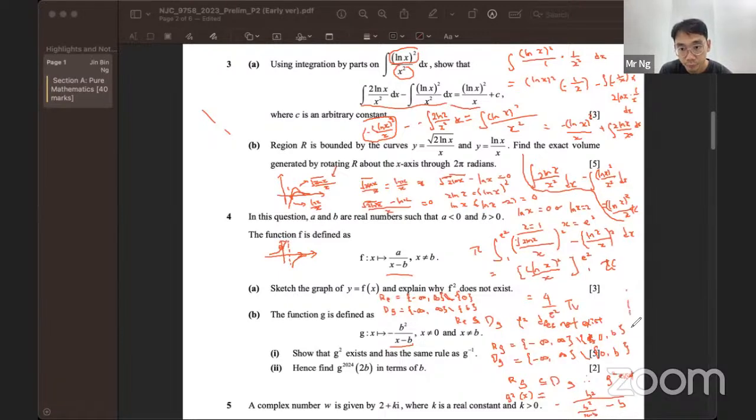So x equals to minus over x minus b, b square minus bx plus b square.